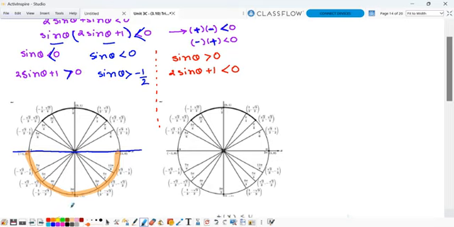I'm using color pencil. Feel free to use color pencil to understand the concept. Sine theta, y values less than 0. Now, y values are also, I'm looking for greater than negative 1/2. Sine is negative 1/2, so the angle is a small angle. This is right, negative half. But we want greater than negative half. So I'm going to draw the line here.